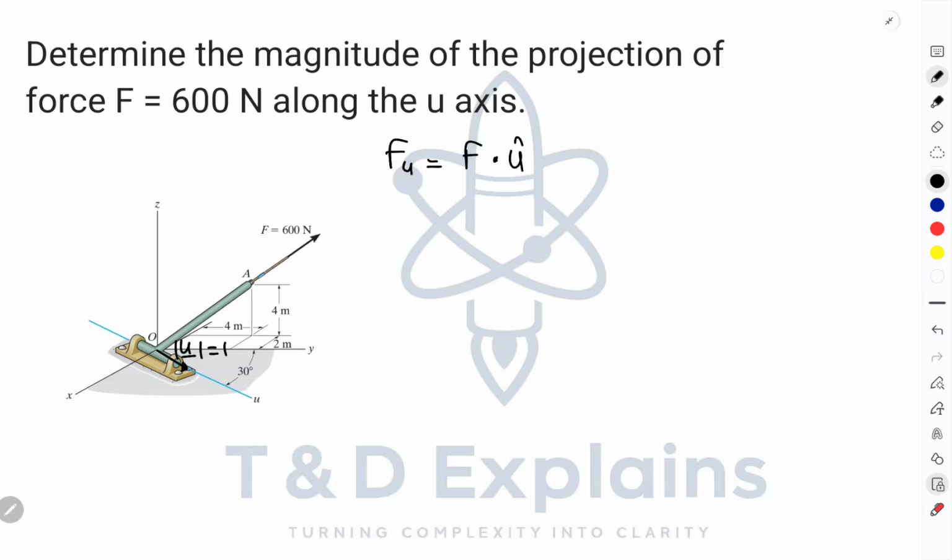By its components, recall that I'm going to find a position vector that describes the direction of the force F, and it's this direction.